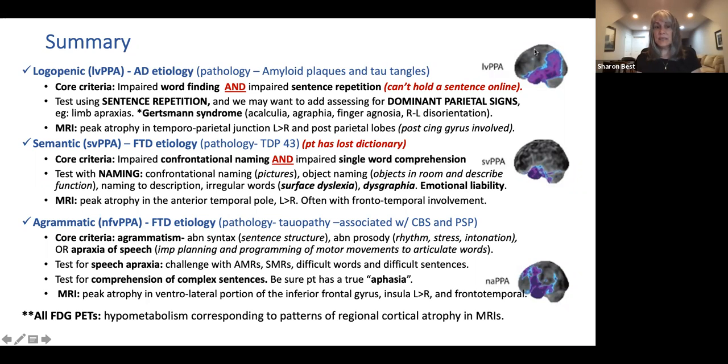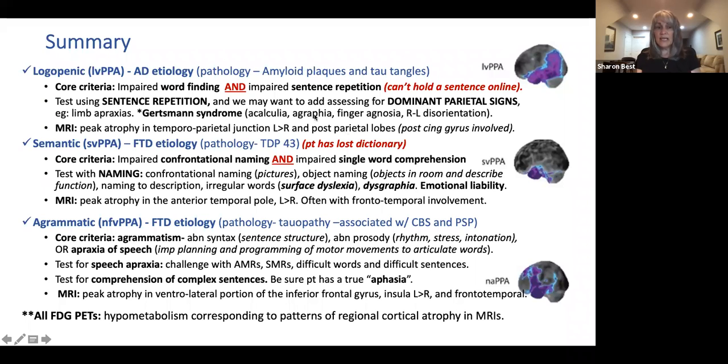We can test at the bedside using alternating motion rates, sequential motion rates, repetition of difficult words or difficult sentences. We also want to make sure that this is not a primary progressive apraxia of speech and the patient has a true aphasia. And we can do that by testing for comprehension of complex sentences. We can also test for comprehension of words, but that comprehension of complex sentences is one of the supporting criteria.